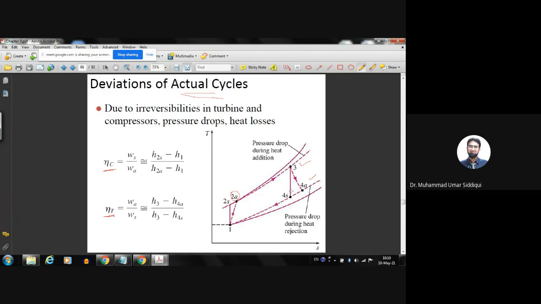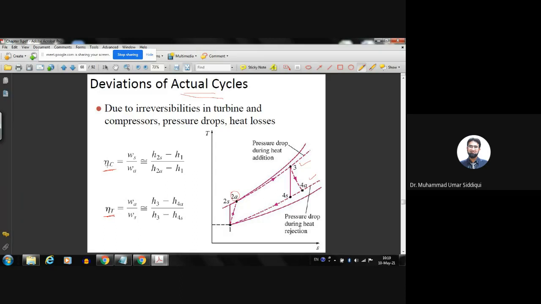If you remember, we discussed how to introduce the isentropic efficiency for the compressor and the turbine operation. We discussed this in chapter number 7.